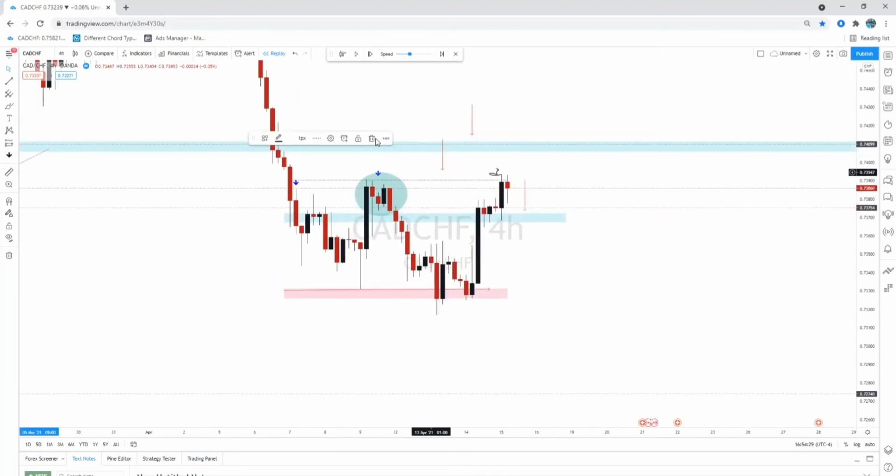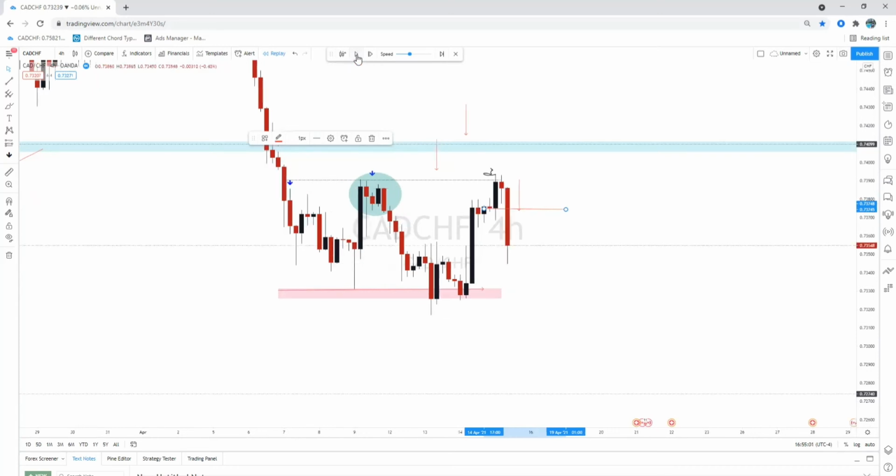So the market is at your discounted level, number one. Number two, the market has to break this with a closed bullish candlestick before we enter. It's at resistance, downtrend. And then we got our confirmation.